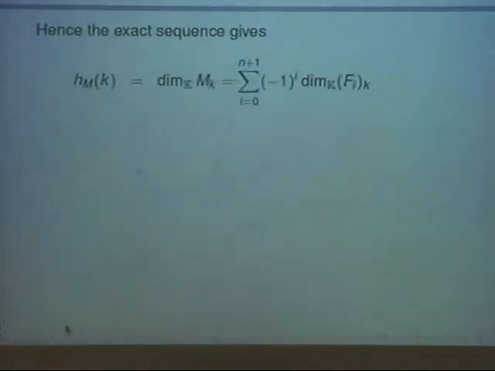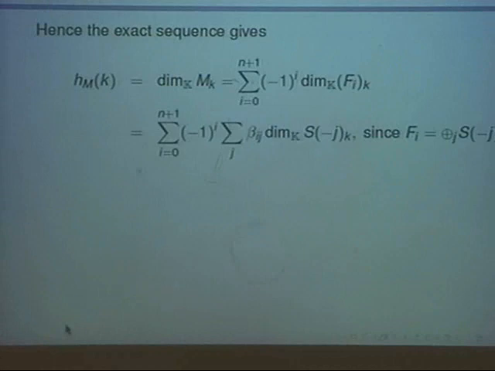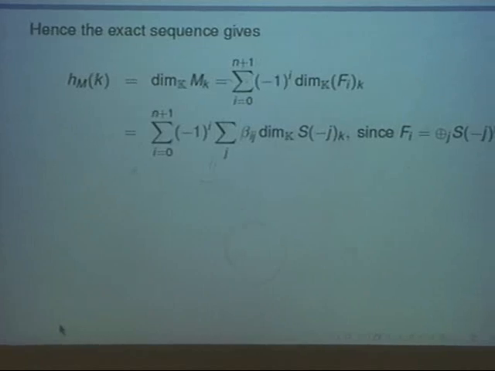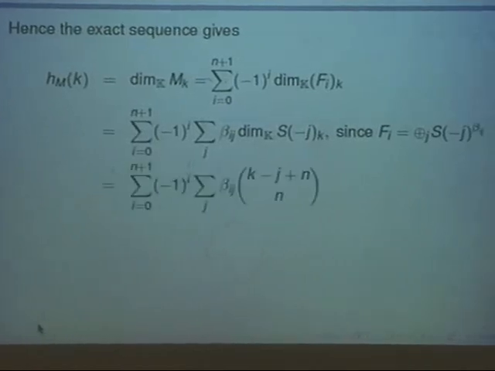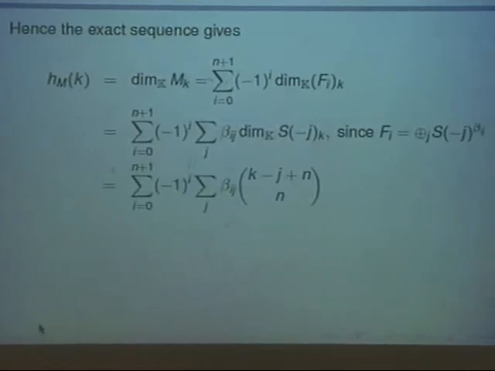So the exact sequence, we can compute the Hilbert function. And then, since F_i is a direct sum, we only have to compute the number of polynomial elements of S(-j) in degree k. Of course, that's a binomial coefficient.